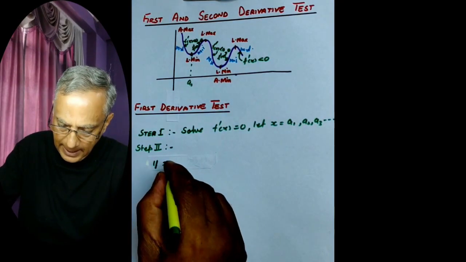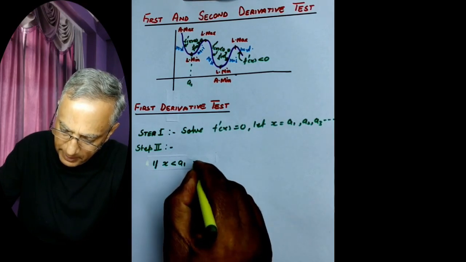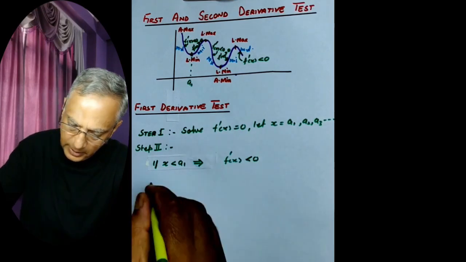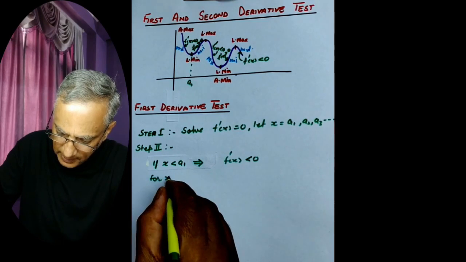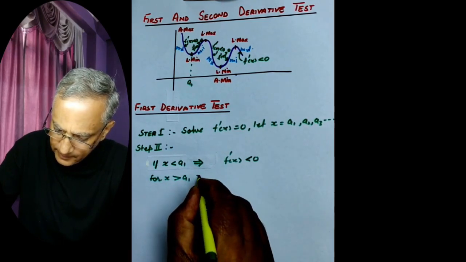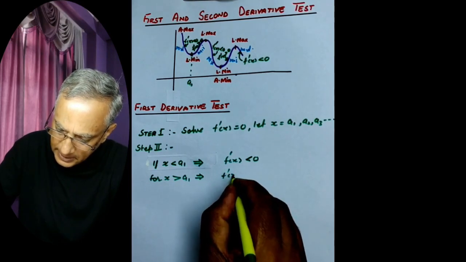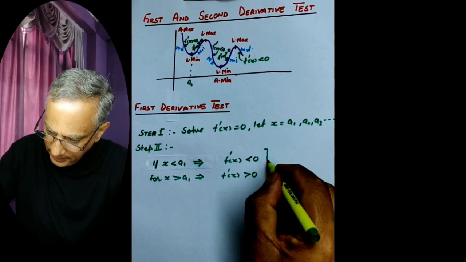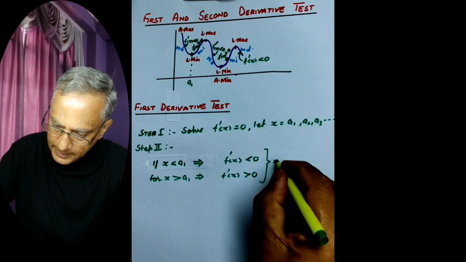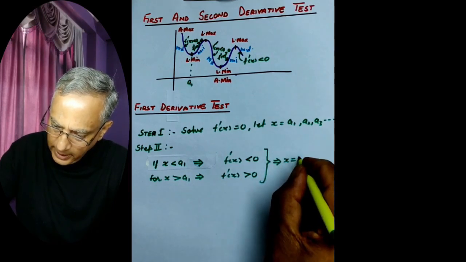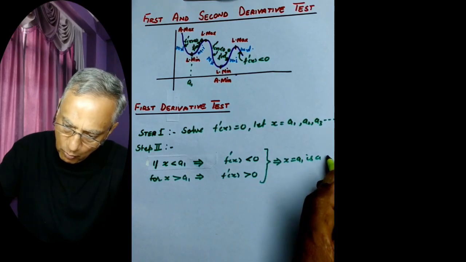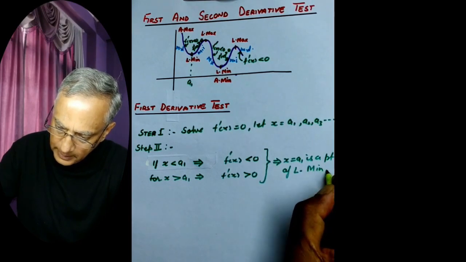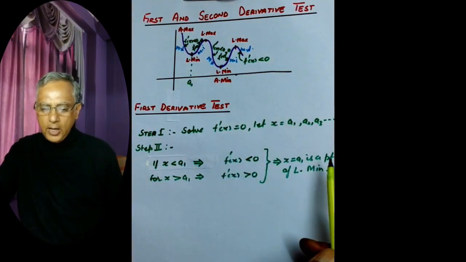If x less than a1 implies f dash x is negative, and for x greater than a1 implies f dash x is greater than 0, then this implies x equal to a1 is a point of local minimum.